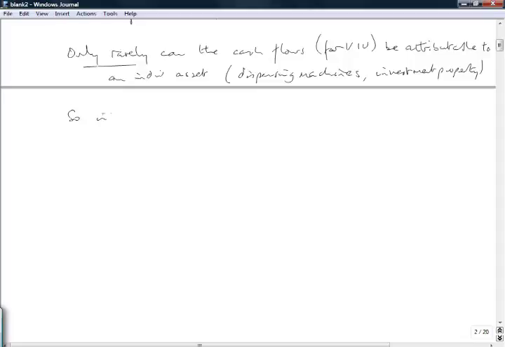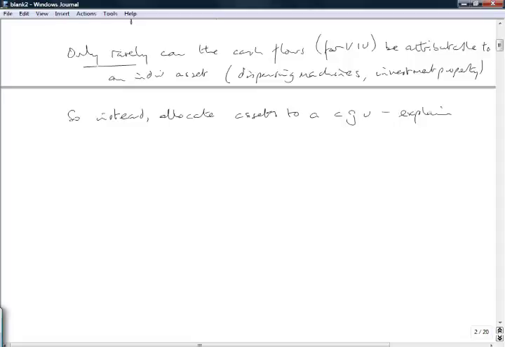So instead we'll allocate assets to a CGU, a cash generating unit, and I'll need to explain what that is. That's the lowest grouping or aggregation of assets which generates cash without reference to any other asset or group of assets.